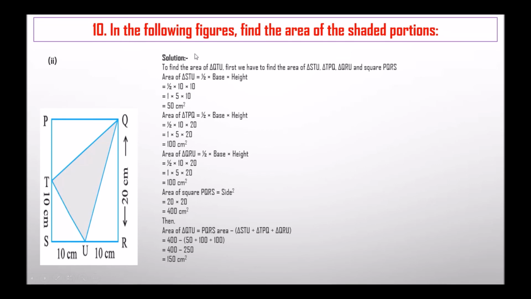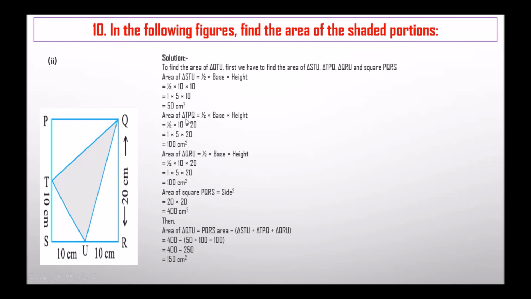Second, to find the area of QTCU, first we have to find the area of triangle STU, triangle TPQ, triangle QRU, and square PQRS. So area of triangle STU, that is half into base into height, that is half into 10 into 10. So 2 and 10 cut, so 1 into 5 into 10, that is 50 centimeters square.